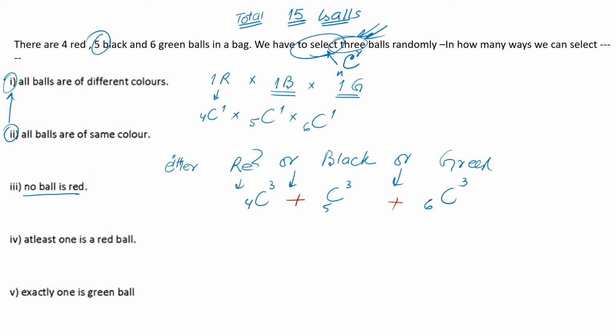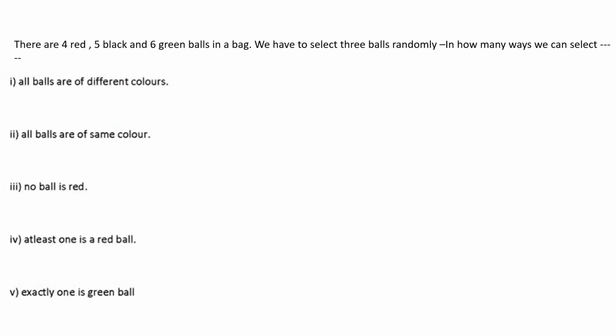Now the question is, no ball is red. What is meant by no ball is red? No ball is red means that either they are black or they are green. Now understand the situation before you solve it. Suppose you have to select three balls.